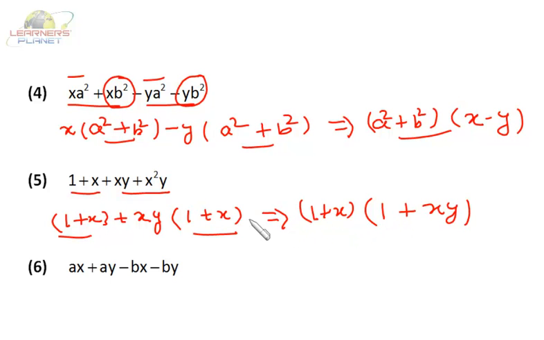If 1 plus x is divided by 1 plus x, they say they are getting nothing. But it's actually 1 because we are making division over here. We are not subtracting them. So if 1 plus x is divided by 1 plus x, it will be 1 only. So you should avoid this error. Okay. So the factors of this polynomial are 1 plus x into 1 plus xy.